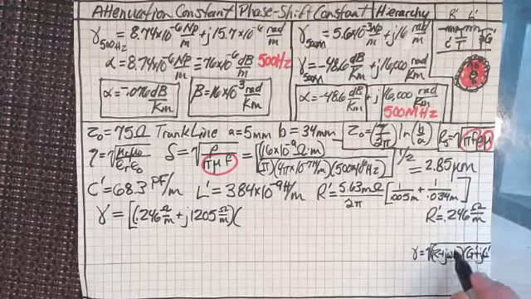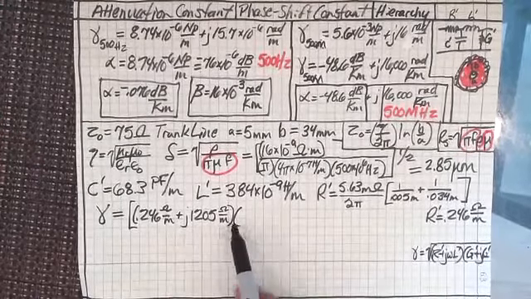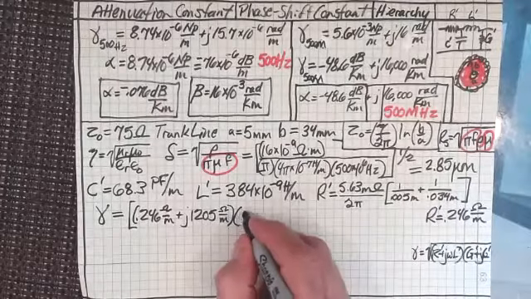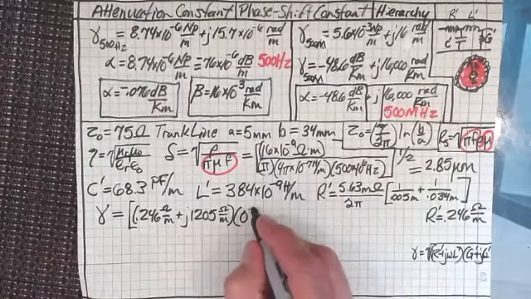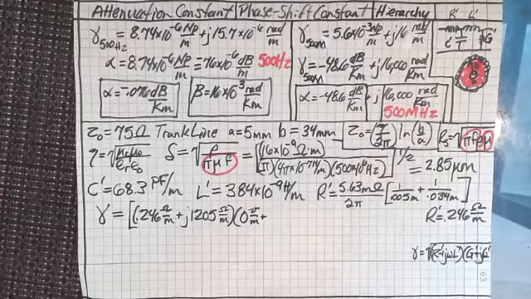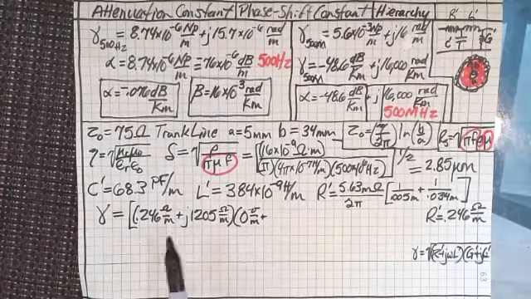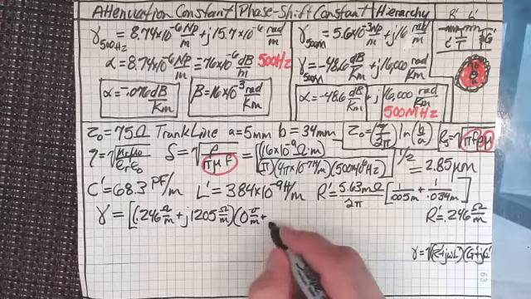C prime, G prime, L prime, R prime. All right, so we've got those, and then we're going to multiply this, and we know that G is always going to be 0 mhos per meter, right? Plus J omega C. Well, C didn't change at all. Omega hasn't changed at all. So why would anything else change?